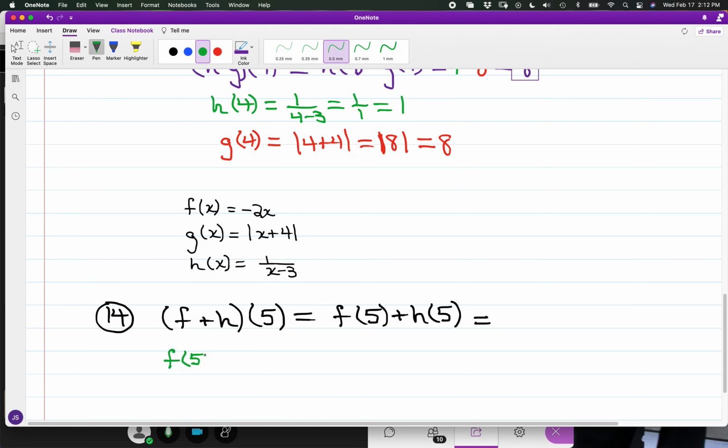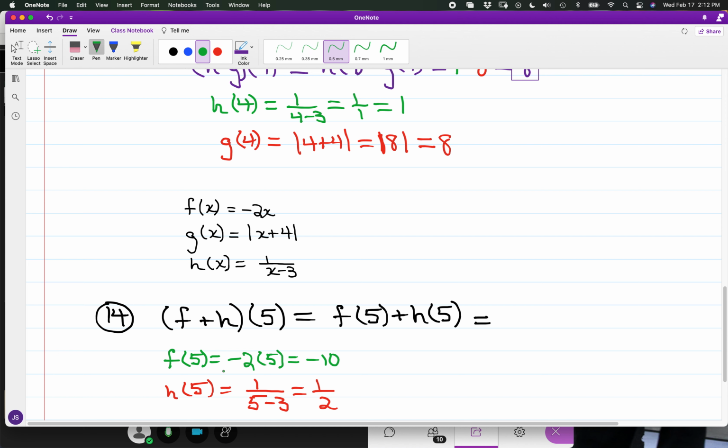And okay, so looking at what we have for f of 5 and h of 5. Again, if I arrive at the specific values, so for f of 5, referencing negative 2 times x, f of 5 is going to be negative 2 times 5, which will be negative 10. And for h of 5, you have 1 over 5 minus 3, and so you have 1/2.